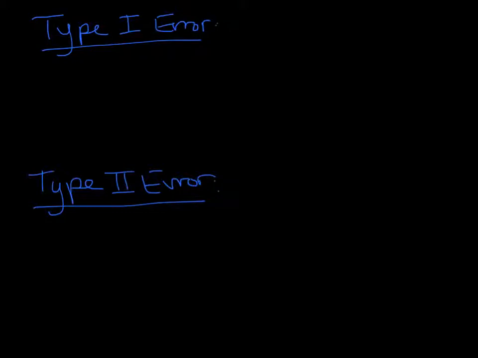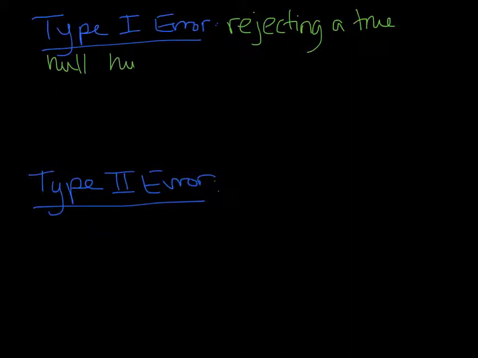So a type 1 error is our first type, and it is when you reject a true null hypothesis. So it's rejecting a true null hypothesis. And this is actually also often referred to as a false positive.